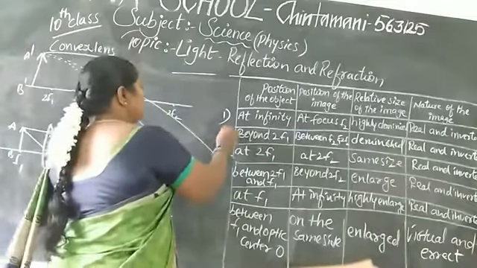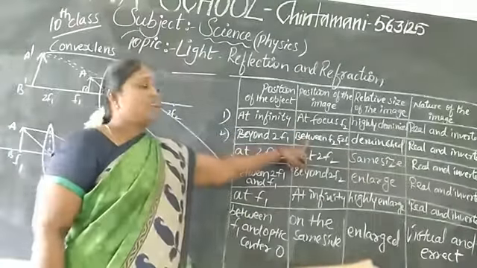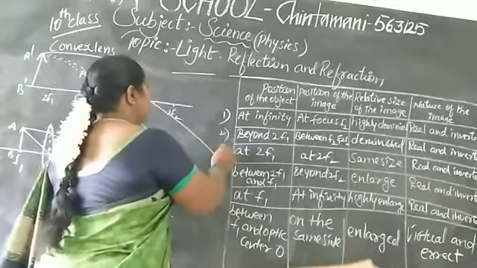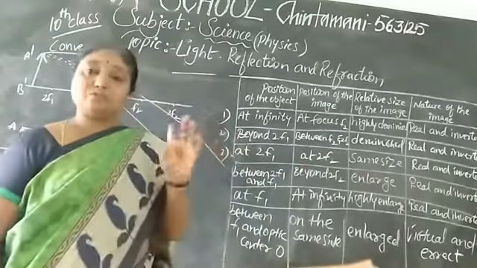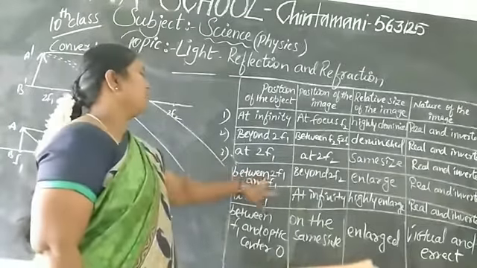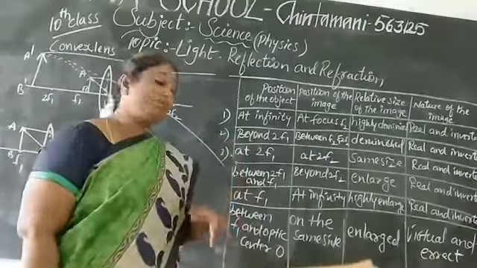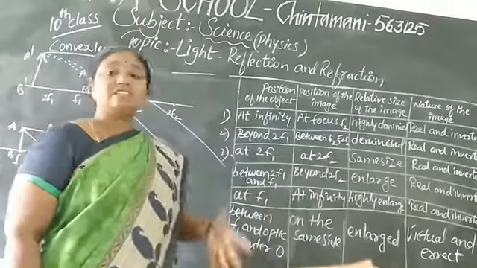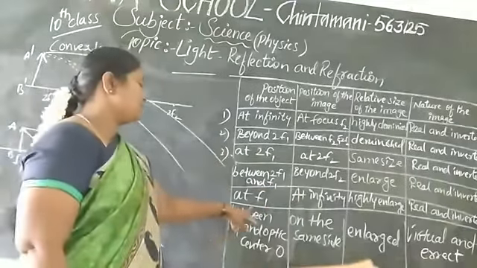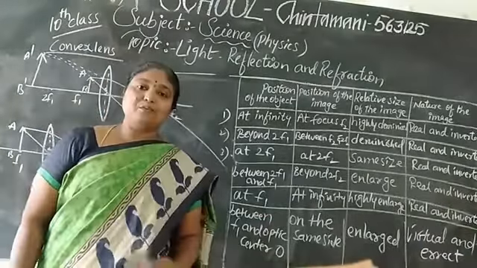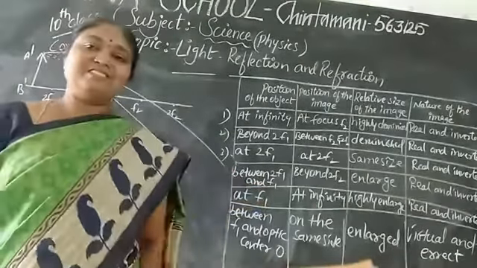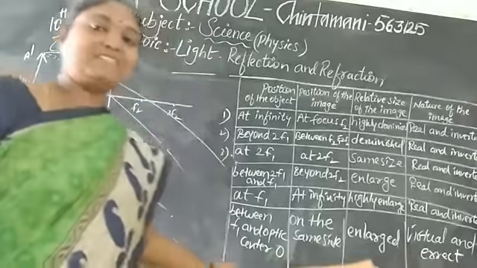When the object is beyond 2F, the image is between F1 and F2. When it is exactly at 2F1, the image forms at 2F2. Between 2F1 and F1, the image is beyond 2F2. At F1, the image is at infinity. At the last, between F1 and optic center, we see the image on the same side.